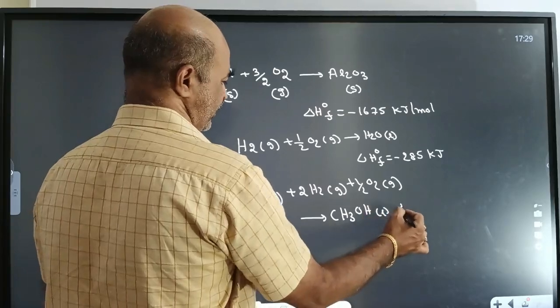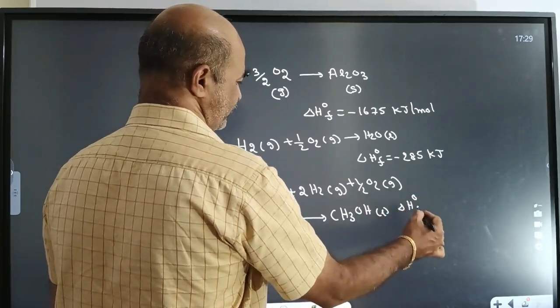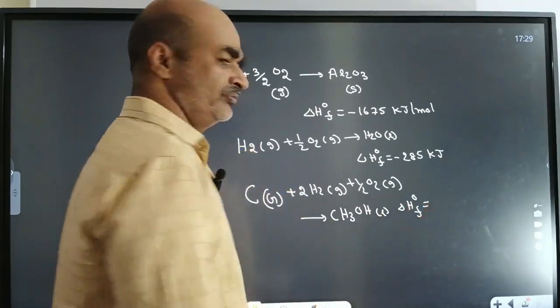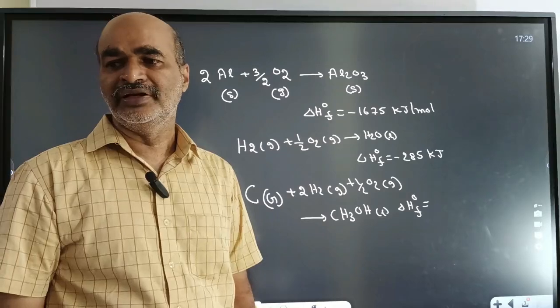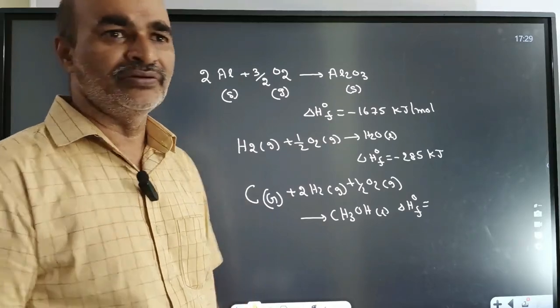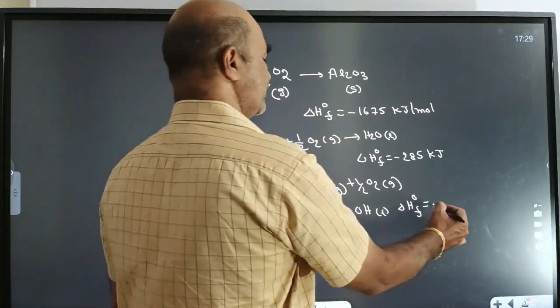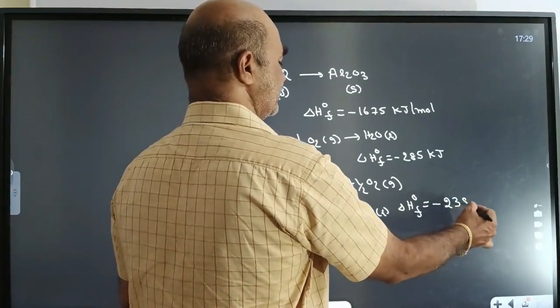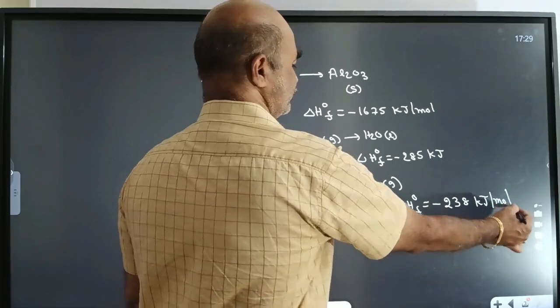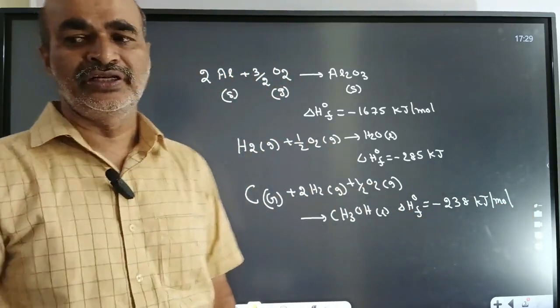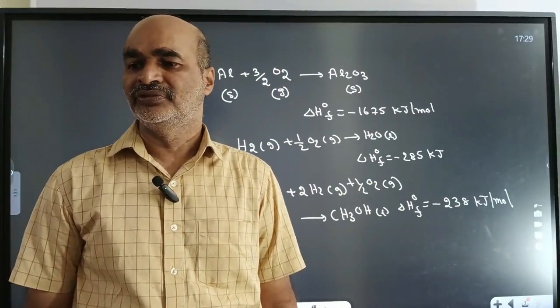The standard enthalpy of formation of methyl alcohol is minus 238 kilojoules per mole.